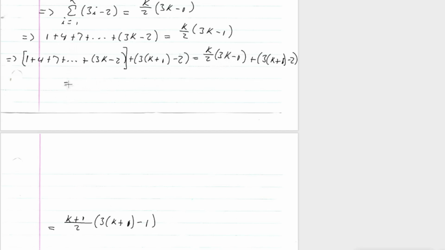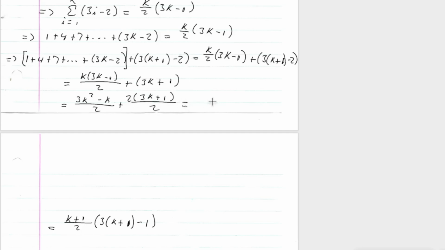Here, this right-hand side is equal to k times 3k minus 1 over 2 plus 3 times k plus 1 minus 2. So 3 times k is 3k, 3 times 1 is 3, minus 2 is 1, right? So what I have to do here is get a common denominator. So essentially this is 3k squared minus k over 2 plus 2 times 3k plus 1 over 2.